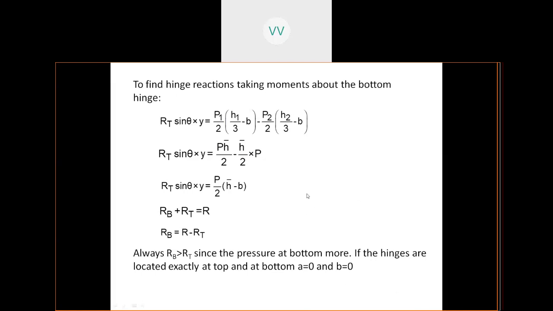So if they are hinged at some position, say 50 centimeters, usually the distance from the top and bottom.